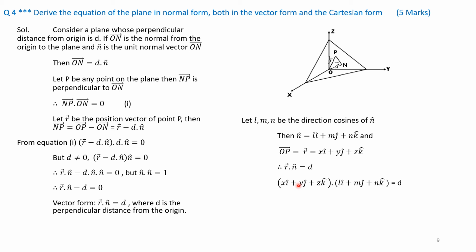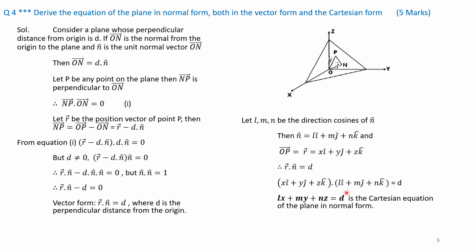Now substituting for R, we get R is equal to xi plus yj plus zk dot unit vector n, which is li plus mj plus nk. So R dot n is equal to d, with d as it is on the right hand side.